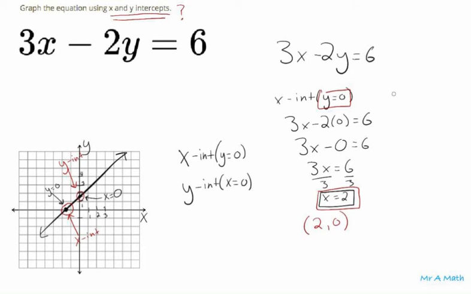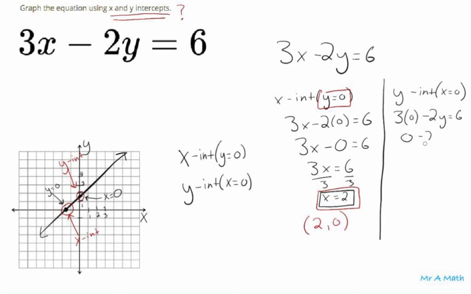Same thing goes for my y-intercept. So I'm going to draw a line here to keep it separate. My y-intercept is when x is equal to 0. Again, over here in my picture, if this line is crossing at the y-intercept, it's when x is equal to 0 that it crosses the axis. So I'm going to plug in 0 for x here. So 3 times x, but now it's 0, minus 2y equals 6. And so let's do some algebra.